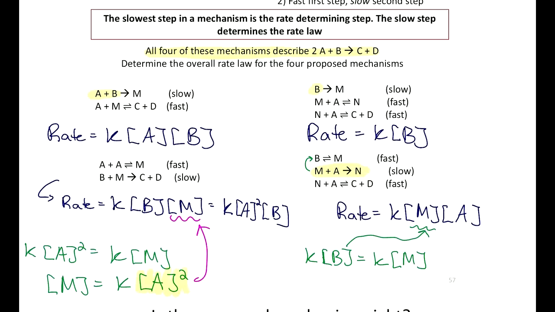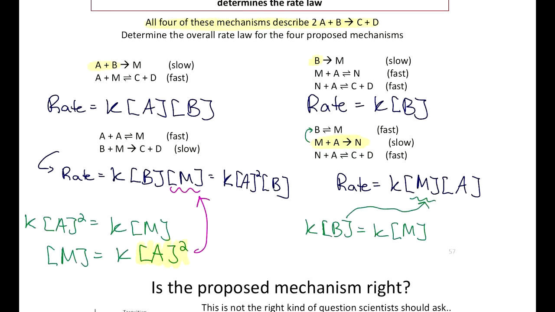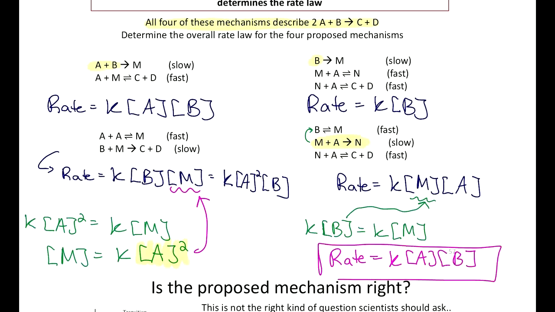And again, I'm just ignoring the k's because they're all constants at the end, and so we see that the overall rate law for this last mechanism is rate equals k times A concentration times B concentration. There we go.